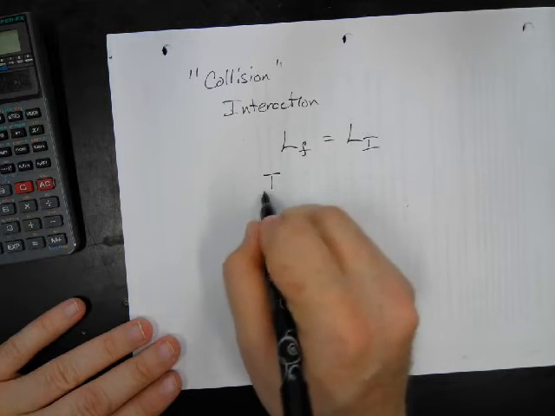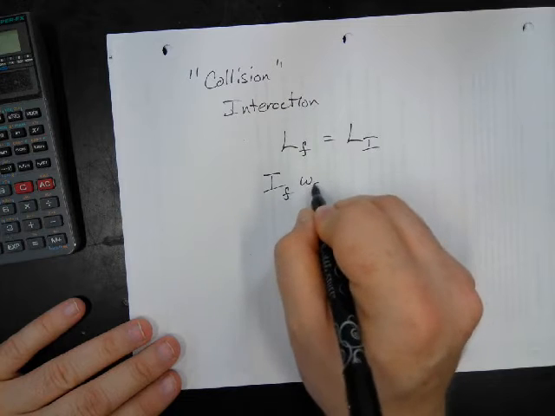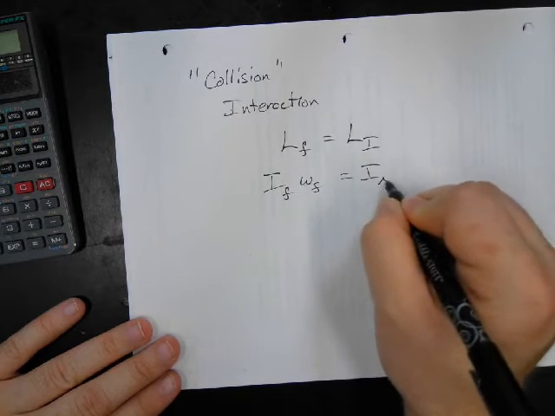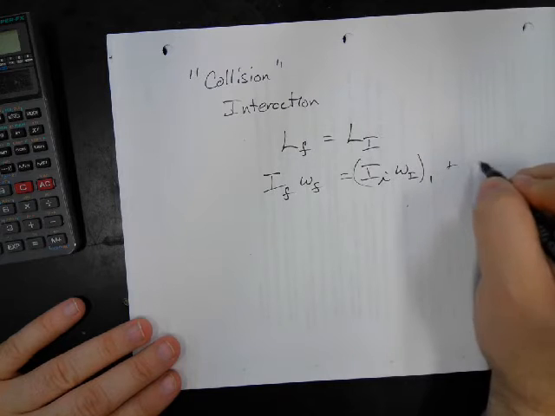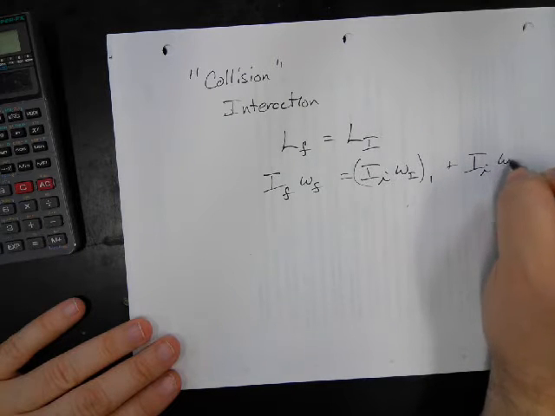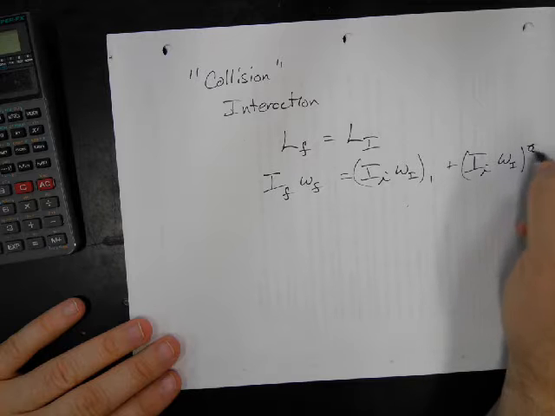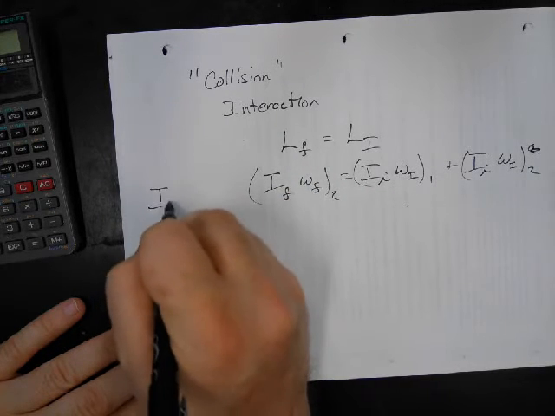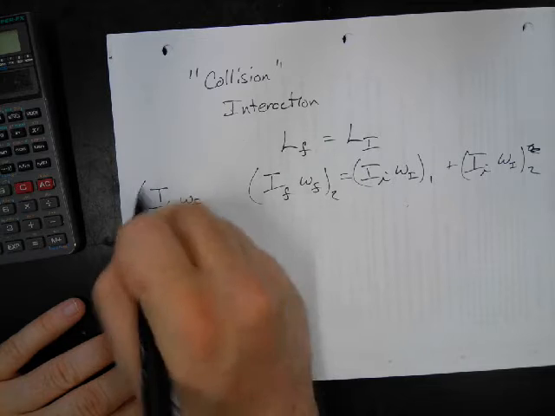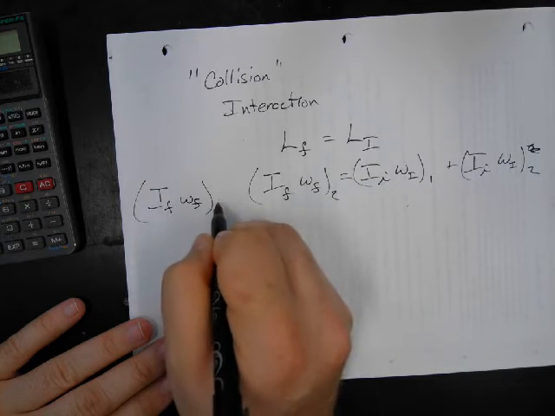And so that might be I final omega final equals I initial omega initial for one object plus I initial omega initial for a second object. And then this one might be the second object and I final omega final for the first object.